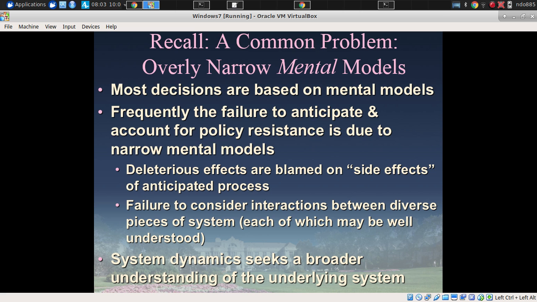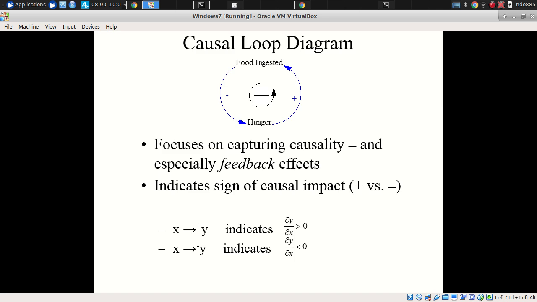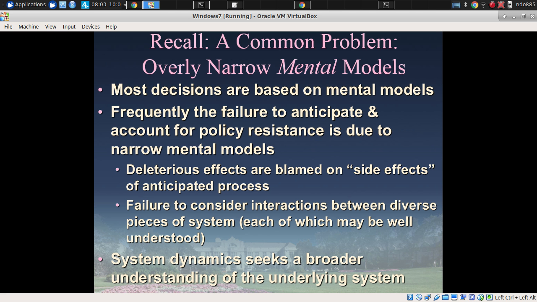I'm going to skip through this except to say that a lot of these diagrams that we're going to be seeing are designed to help us broaden our mental models that guide our decisions. They help us think through the set of factors in their tangling that relates to the systems we're dealing with.